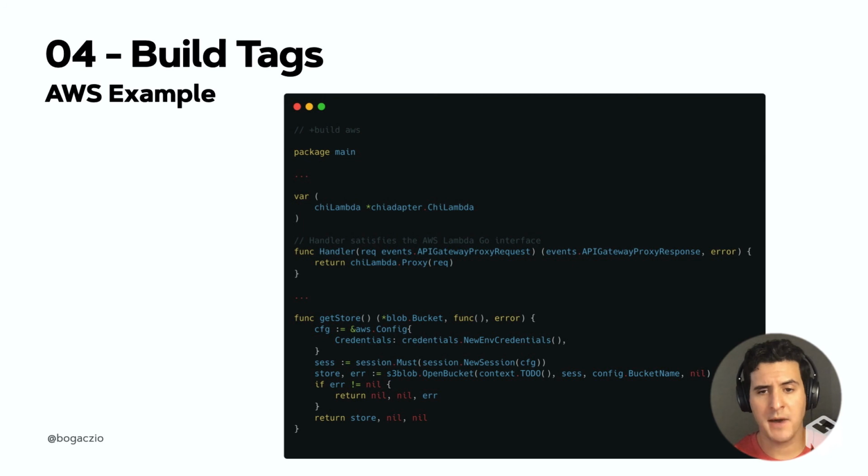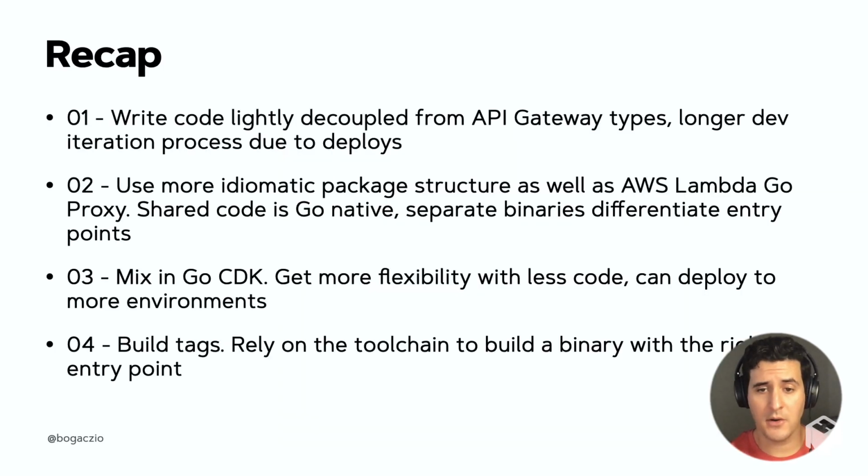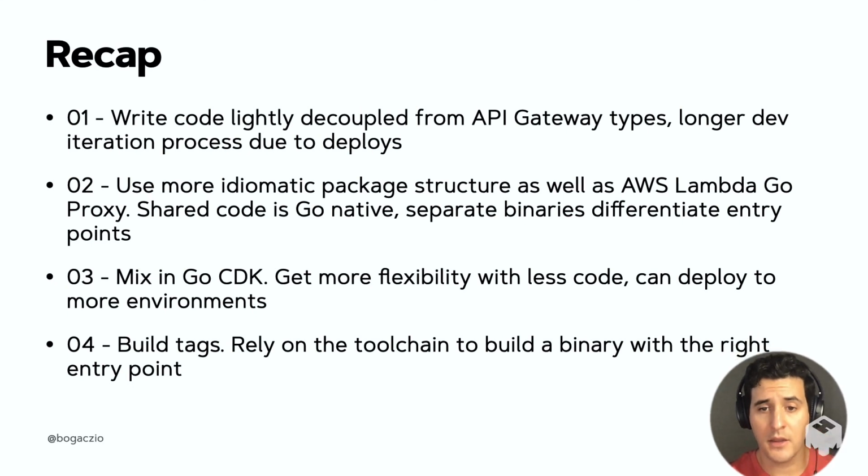For example, going back to what we were just talking about, the Google Cloud Functions, because they have a different entry point, you couldn't just arbitrarily choose using build tags which files are included, because you would be using an entirely different package structure. So this is clean in some scenarios, and it's not as clean in other scenarios.